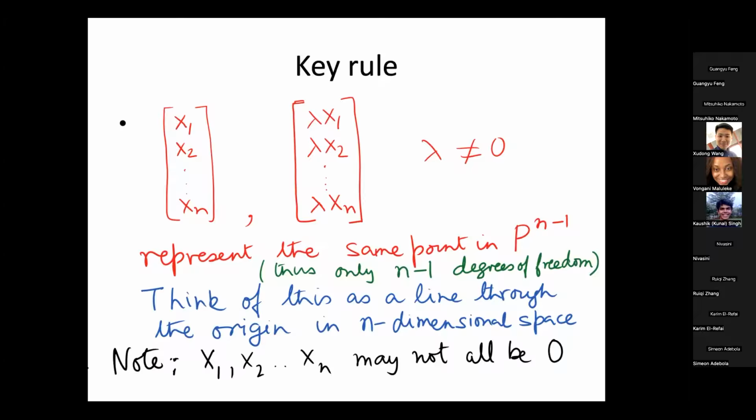So this x1, x2, and so on up to xn vector corresponds to the same point as when you take this vector and you have every component multiplied by lambda, which is non-zero. So basically, we added an extra degree of freedom and then we took away the degree of freedom.